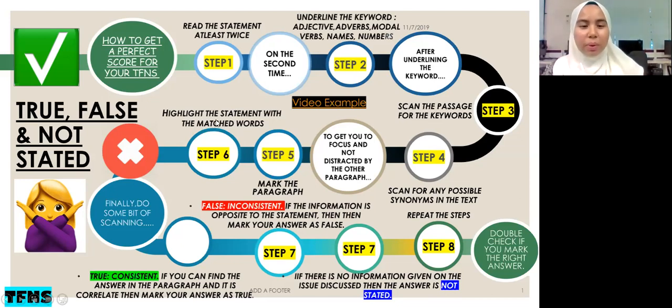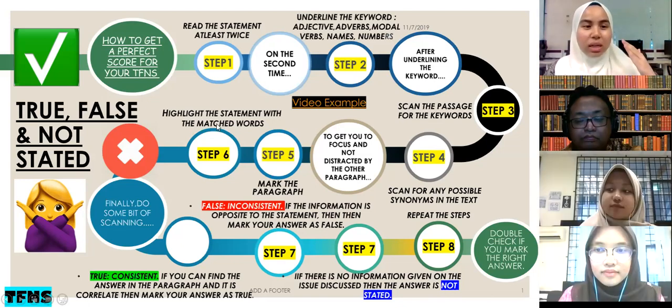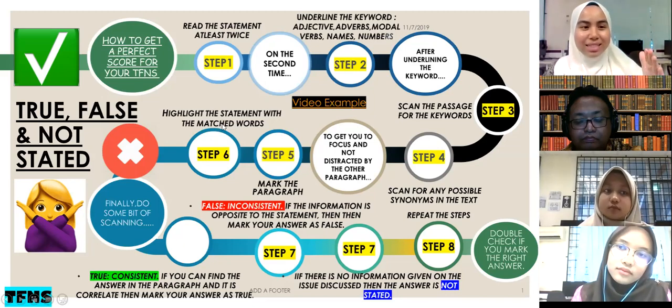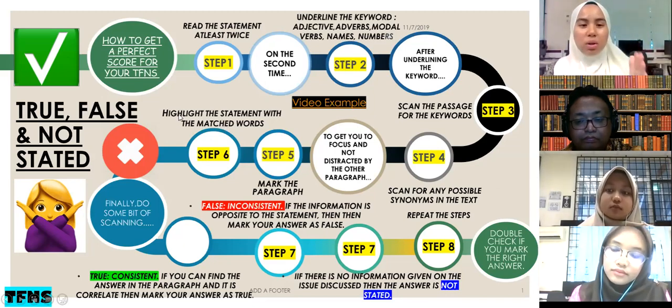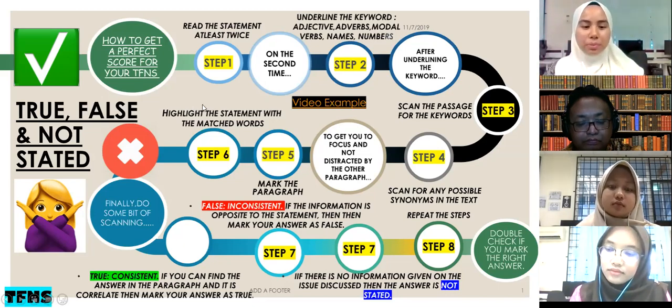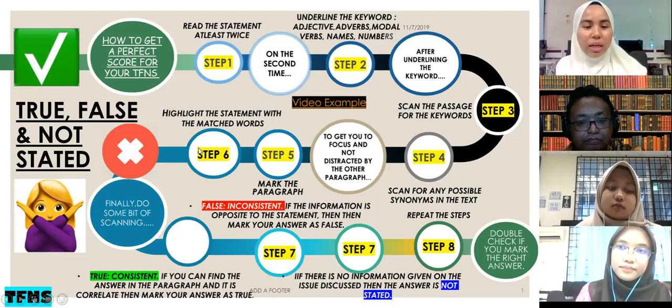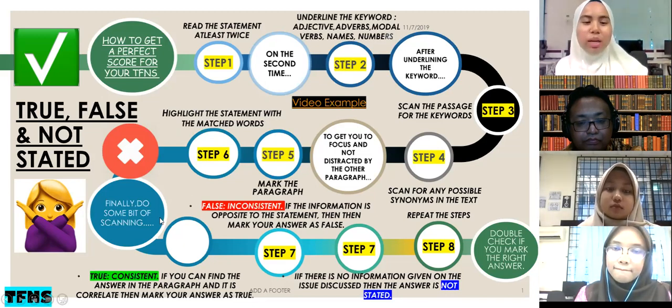What I meant by this is that you have to refer to the statement in the text which has the keyword that you have underlined, so that you will be more focused.